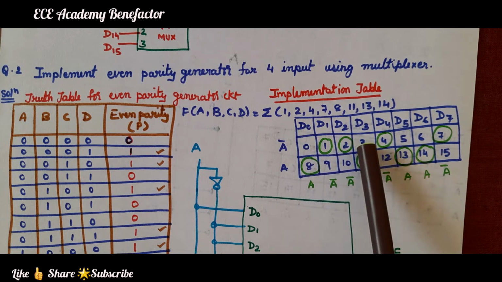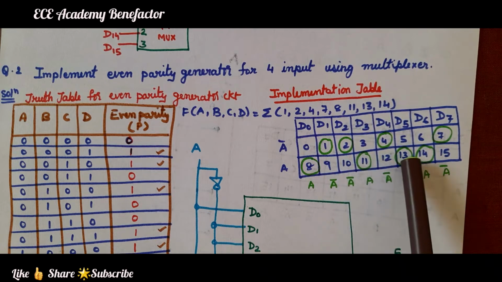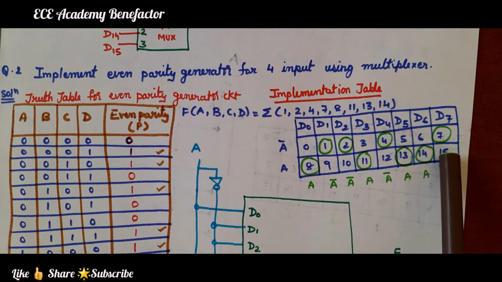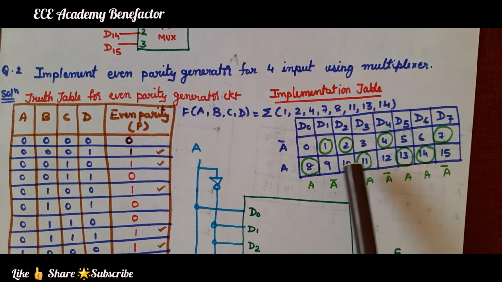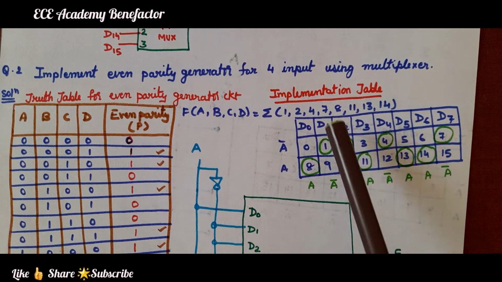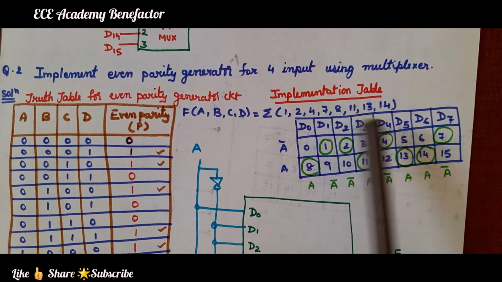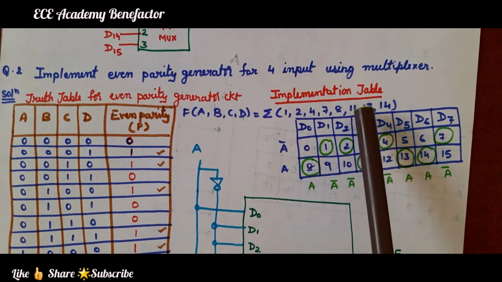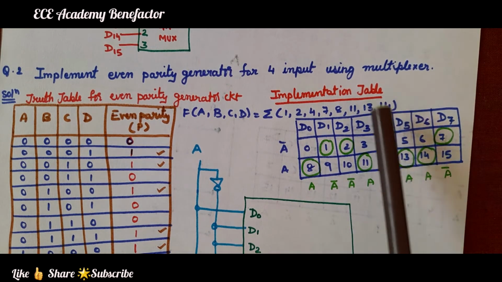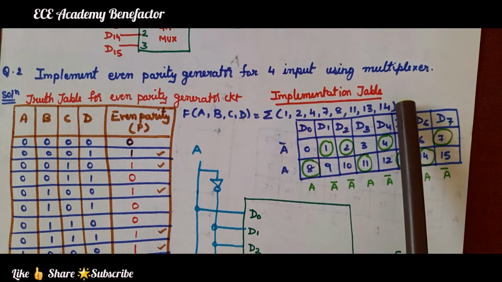After filling these, we need to circle the numbers in the list of minterms: 1, 2, 4, 7, 8, 11, 13, 14.